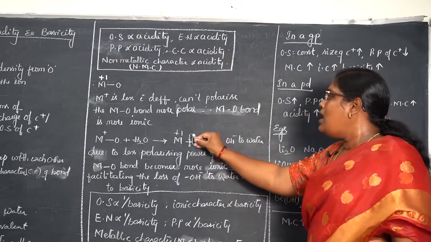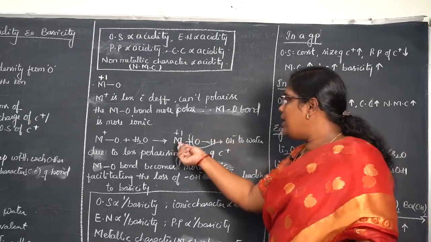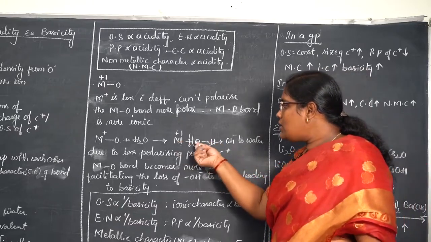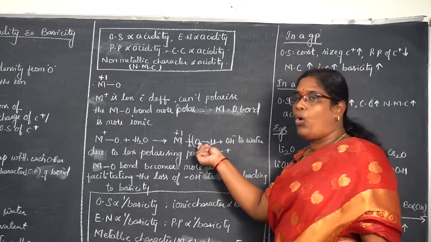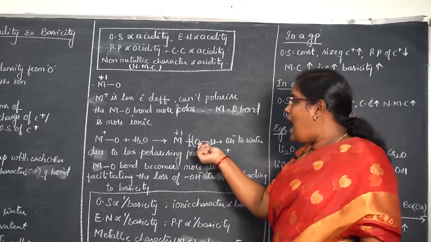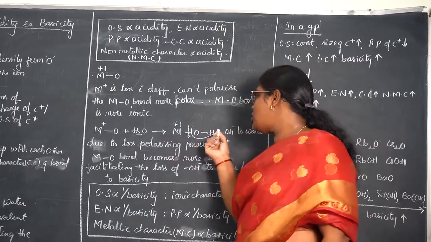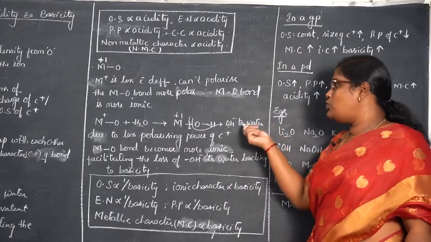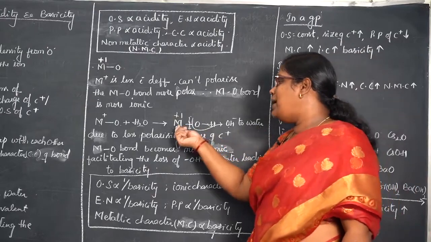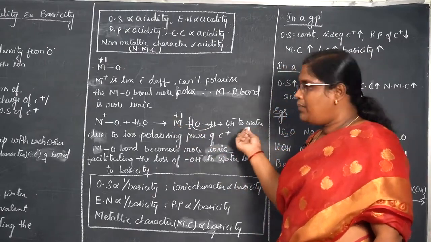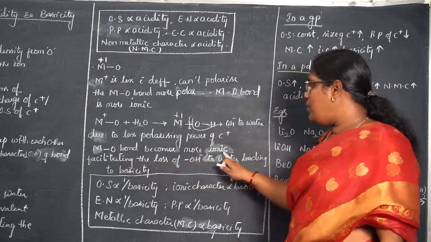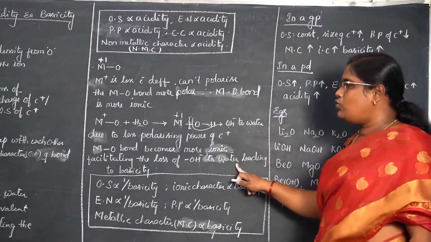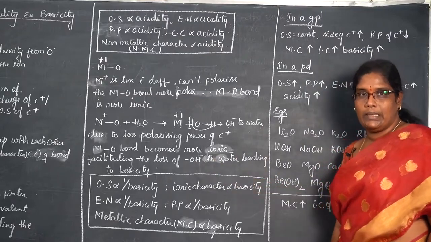Here the metal oxygen bond is more polar or ionic, and this facilitates the loss of OH minus to water, and therefore basicity increases. So when the metal oxygen bond becomes more ionic, facilitating the loss of OH minus to water, it leads to basicity.